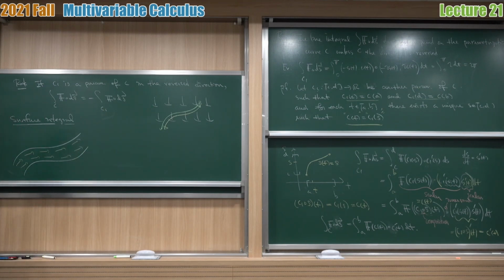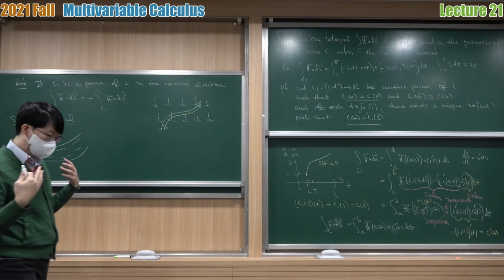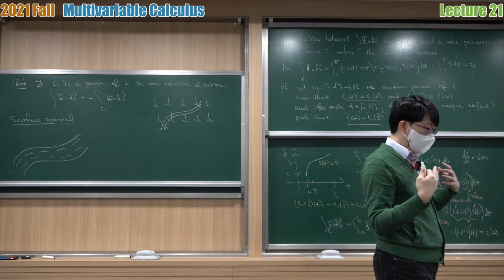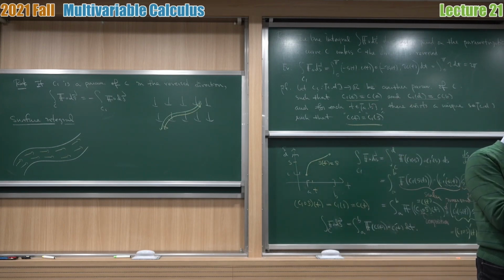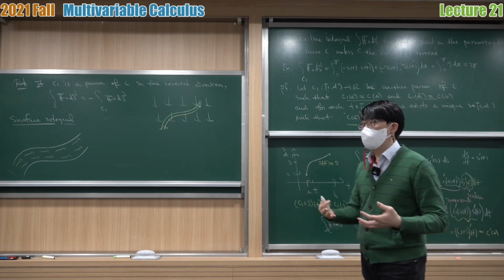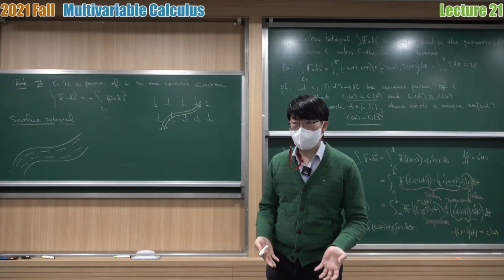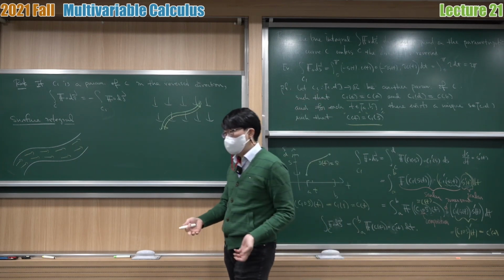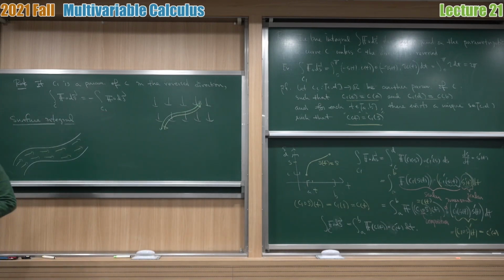You want to find out how much water flows through the river in a certain unit of time. You can take the unit of time as an hour or minutes or seconds, but I'm not going to specify that. We are trying to measure the amount of water that flows through the river in a unit of time.